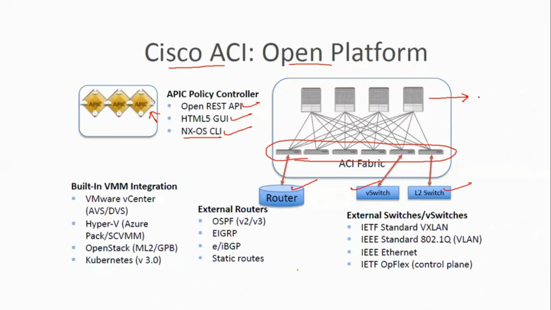But when it is a data center, if you are using a higher version or higher architecture of ACI like multi-pod or multi-site, which from ACI 2.2 onwards, multi-pod and multi-site happens, here you can connect the IPN routers.